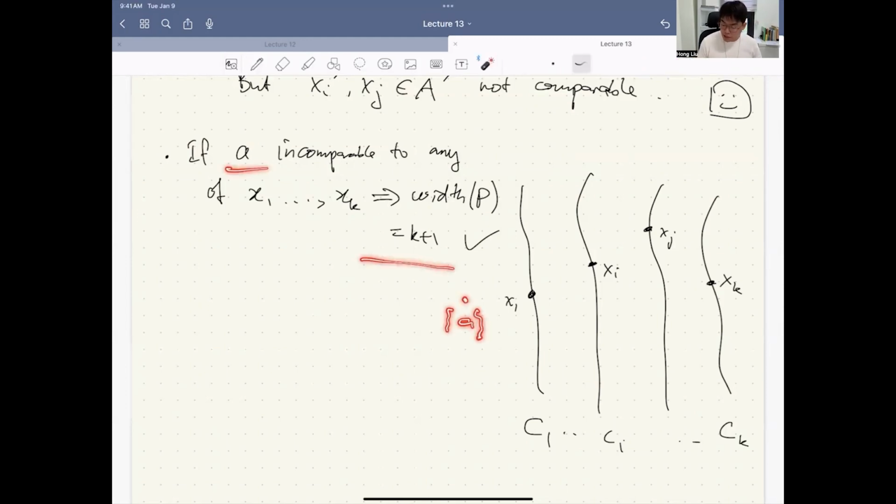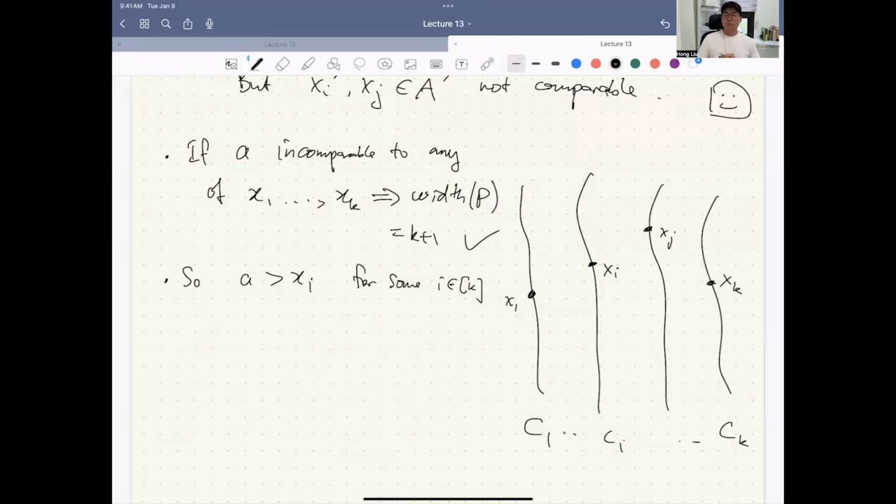So you may assume A is comparable. A is comparable, but A is a maximal element. So that means A is bigger than xi for some i. The weight of P is K, so A must be comparable to one of them. Let's say this one. Let's draw it. A looks like this. A is bigger than xi. A is not in the chain. Remember, this is the chain decomposition for P minus A. So A is outside.